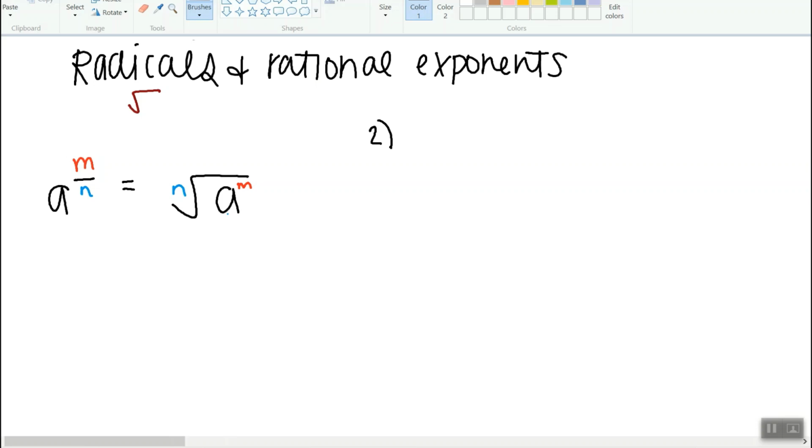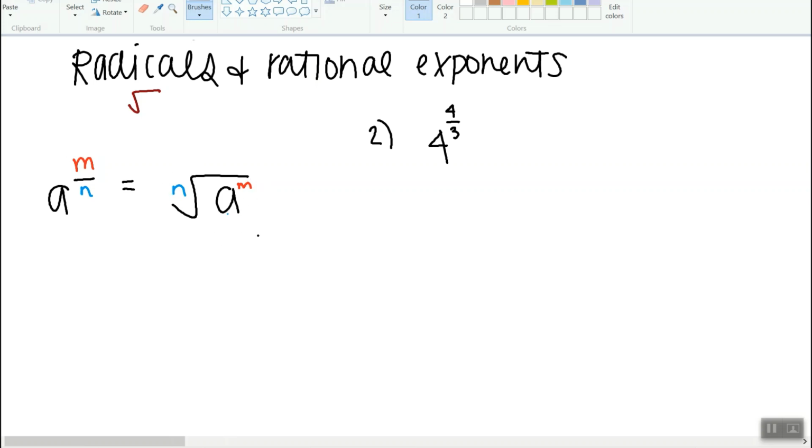So this is number 2 from the worksheet that goes with today. It says 4 to the 4/3 power, and the directions say write the expression in radical form. So my goal right now is to go from this exponential form to radical form and have it look like this.